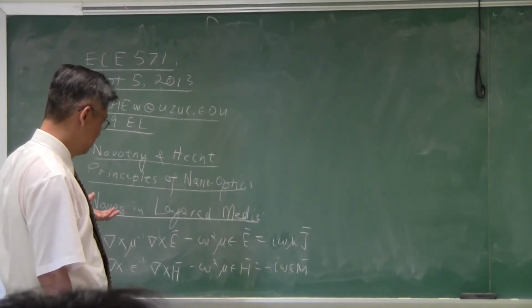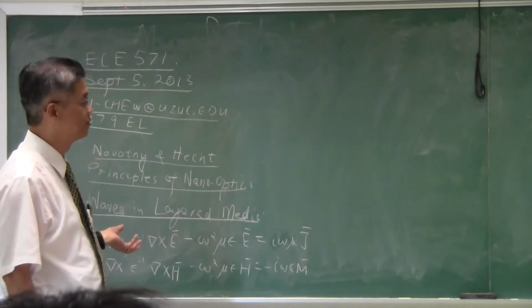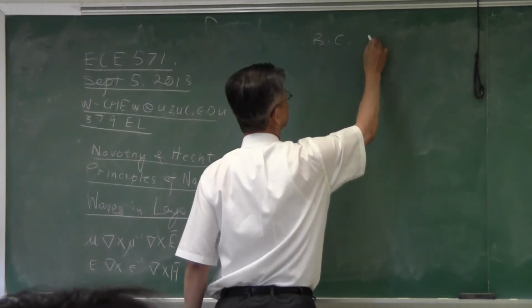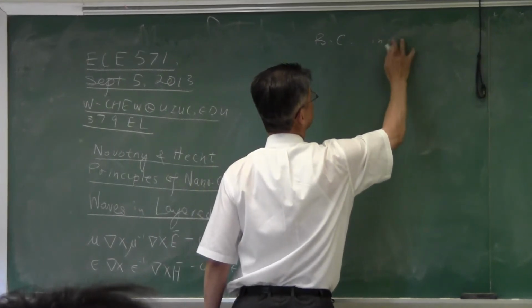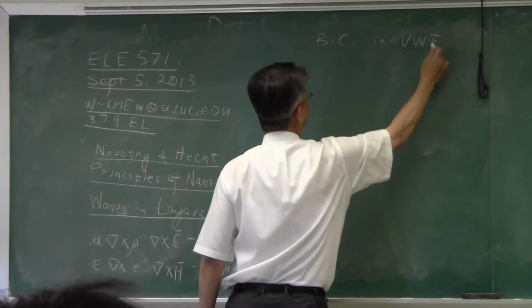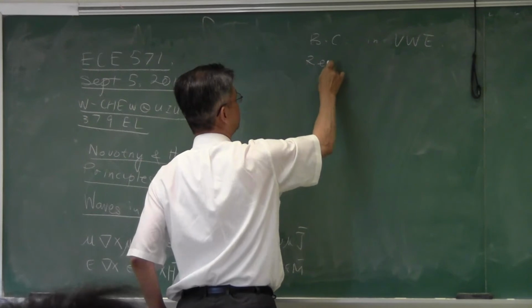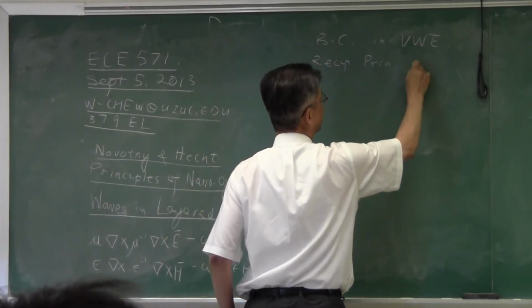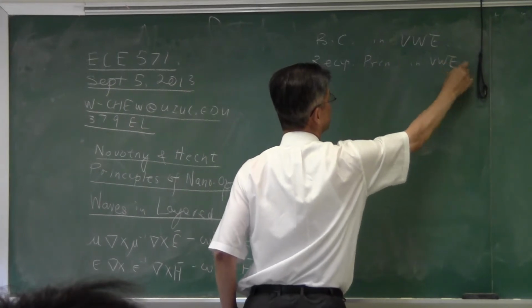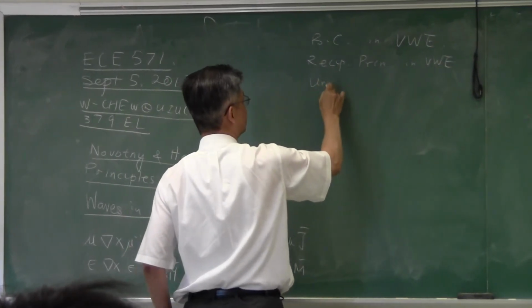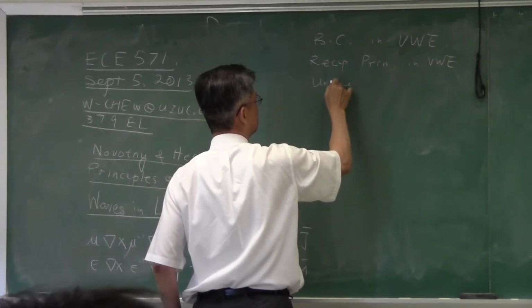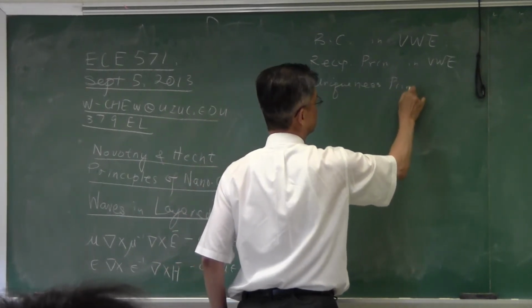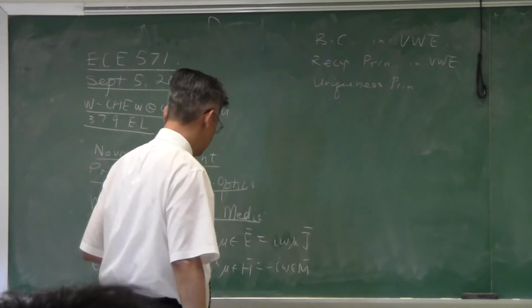And you can prove that the boundary conditions are embedded inside the vector wave equation. You can also prove that the reciprocity principles are also in the vector wave equation. Also, you can derive the uniqueness principle from the vector wave equation.